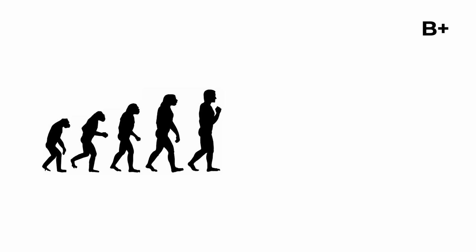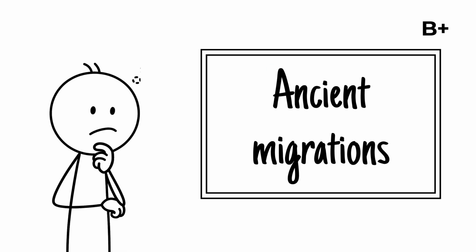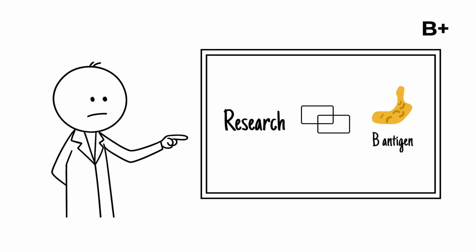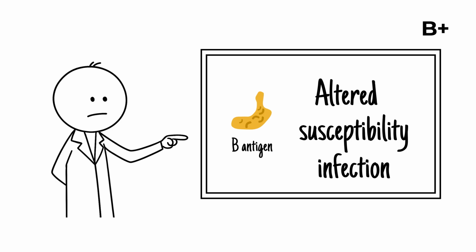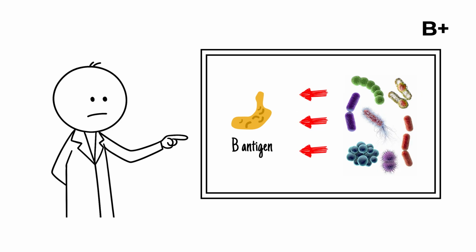From an evolutionary perspective, type B blood shows a fascinating distribution pattern. It is especially concentrated in parts of Asia and the Middle East, suggesting that ancient migrations and selective pressures caused it to spread unevenly across the globe. Research also links the B antigen with altered susceptibility to certain infections, providing protection against some bacteria while leaving individuals vulnerable to others.